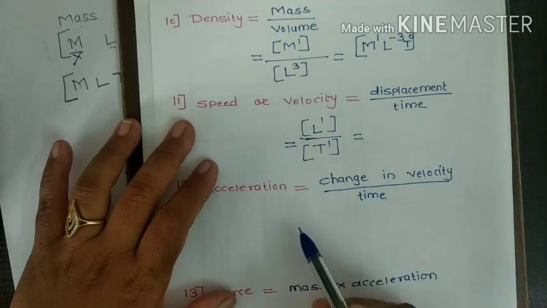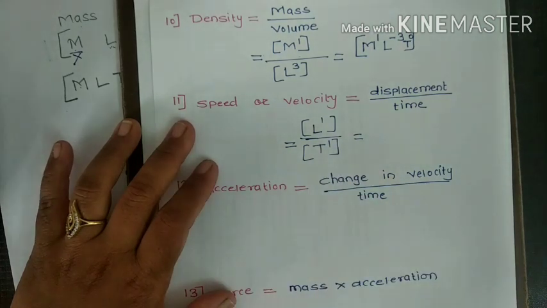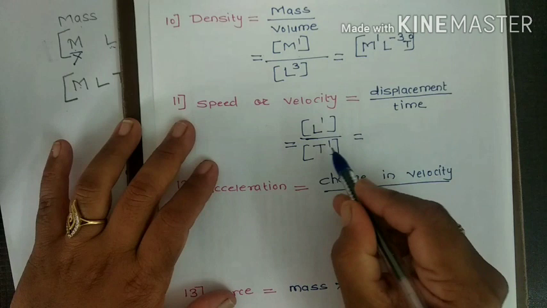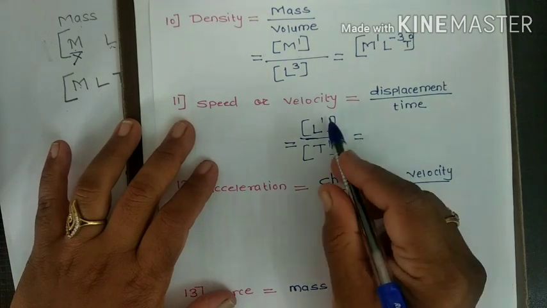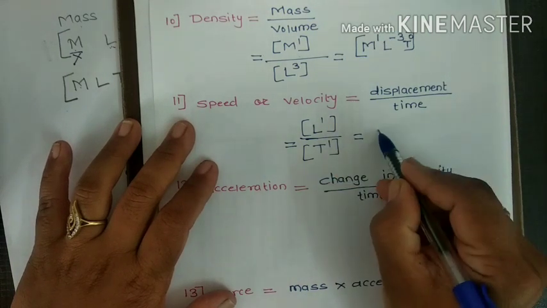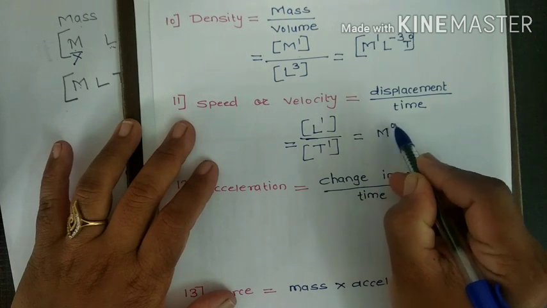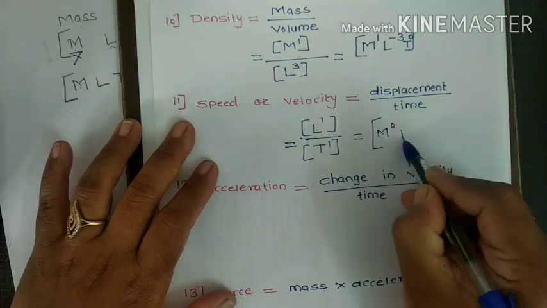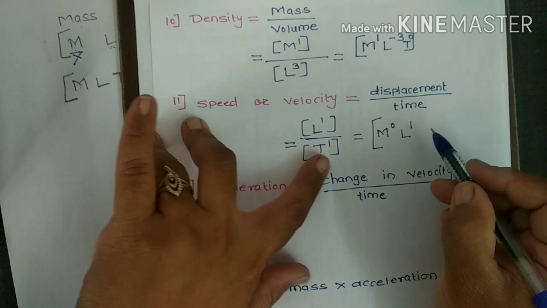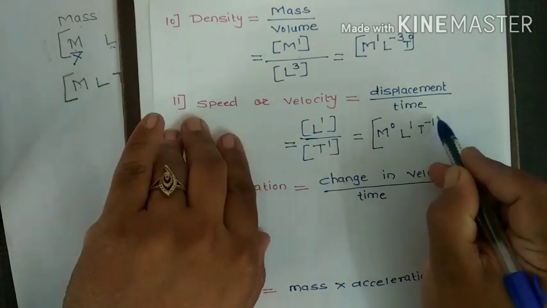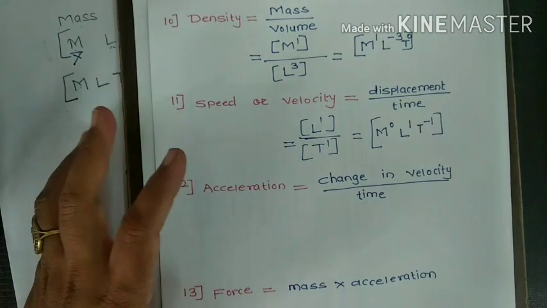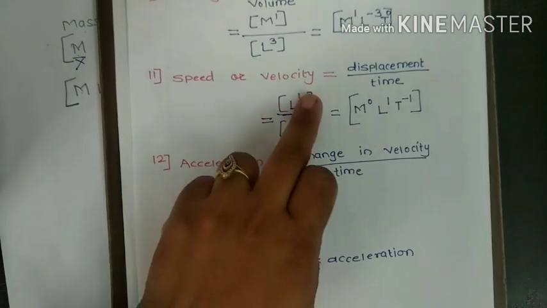L raised to the power 1 upon T raised to the power 1. Again that T raised to the power 1 goes to the numerator. That's why we take M raised to the power 0, L raised to the power 1 and T raised to the power -1. Those are the dimensions for speed or velocity.